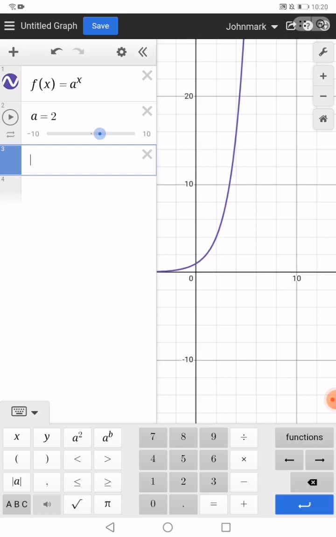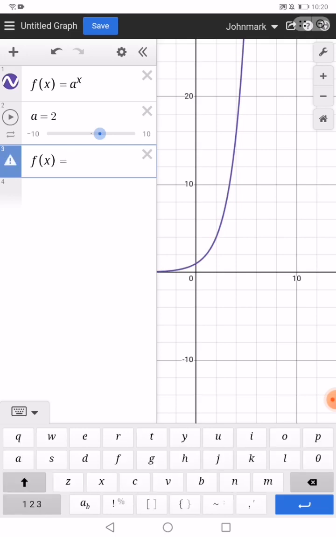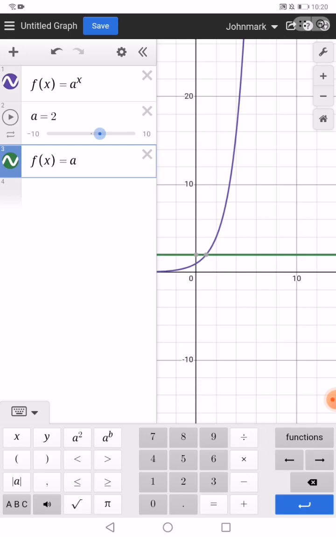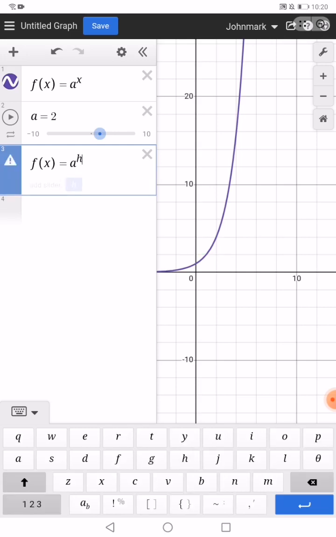So we'll rewrite this function of x as equal to the same base, raised to our converted step function.